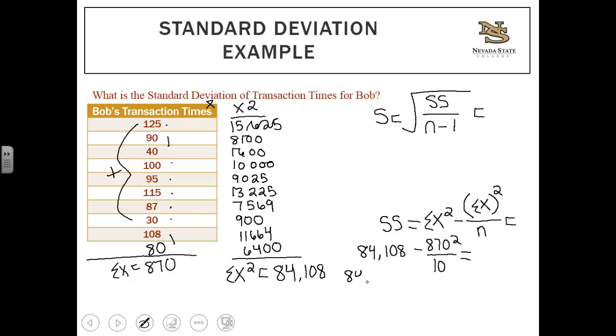So this becomes 84,108 minus, 870 squared gives you 756,900, divided by 10. That's our sample size. So then this becomes 84,108 minus 756,900 divided by 10, which is 75,690.